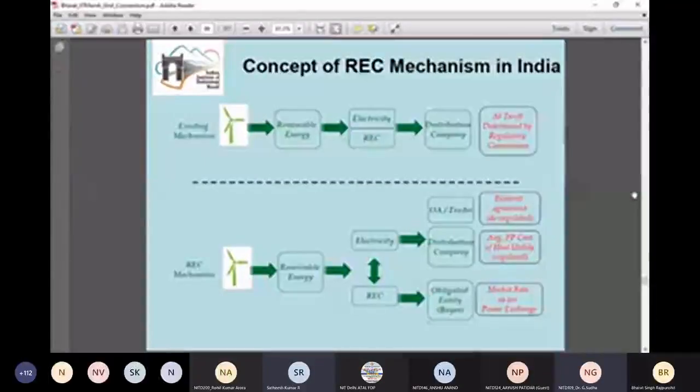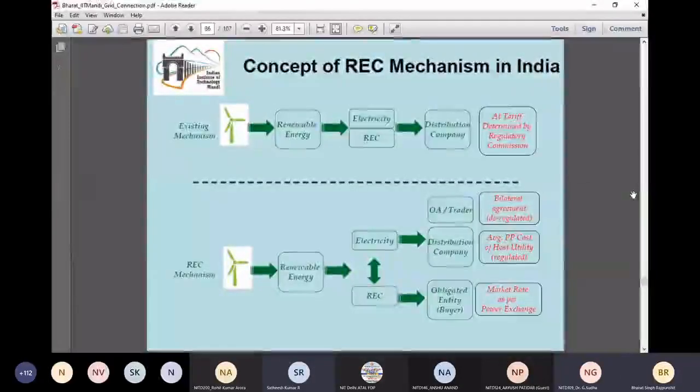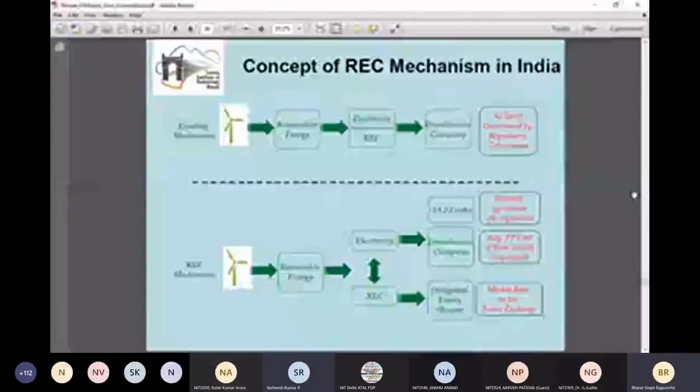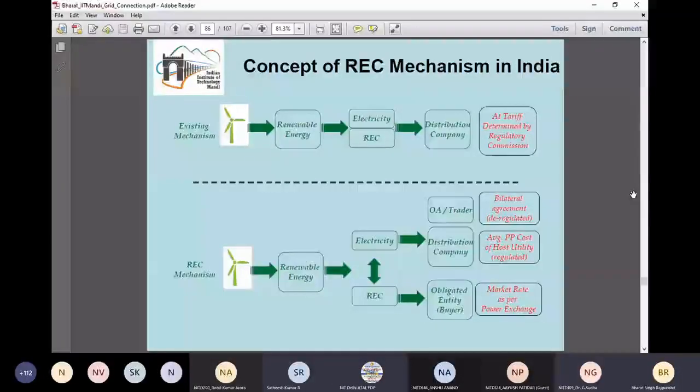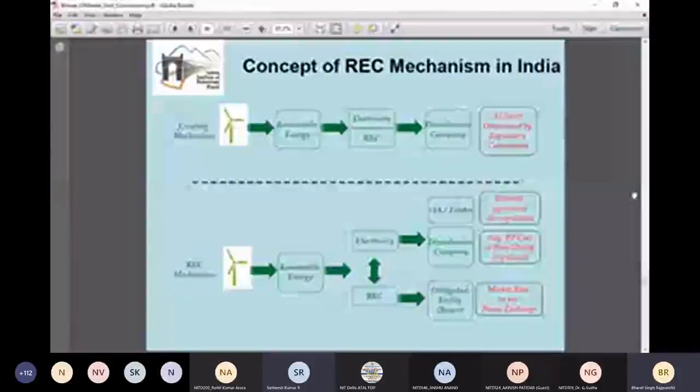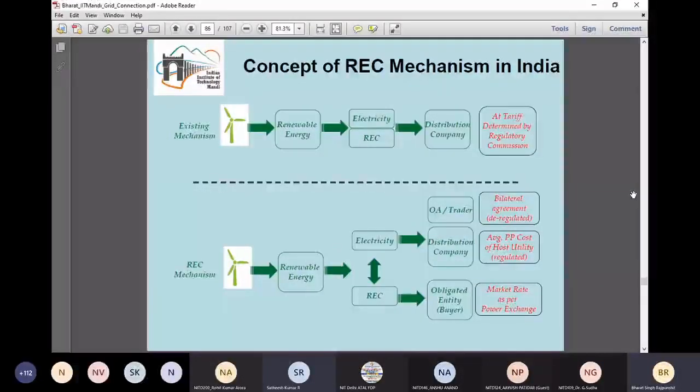No, it is not a loss, because the electricity component is sold at 2.5 rupees and the REC certificate is going to be sold at 2 rupees or more, so that the REC mechanism always gives a value more than 4.5 rupees. It would always be more than the preferential tariff, but how much more is based on the market condition.